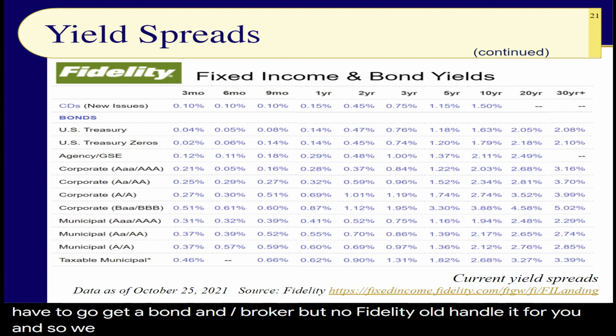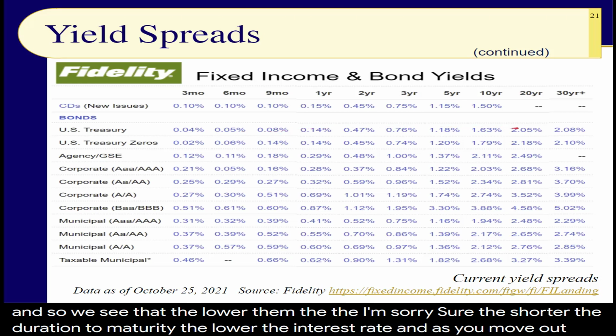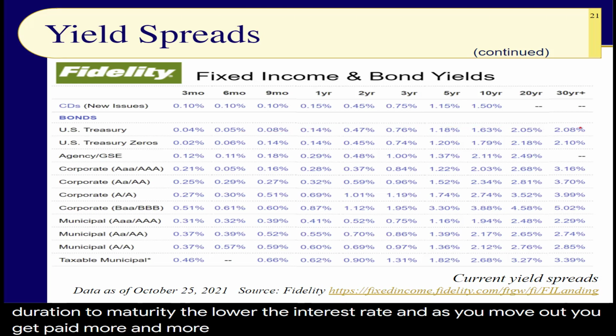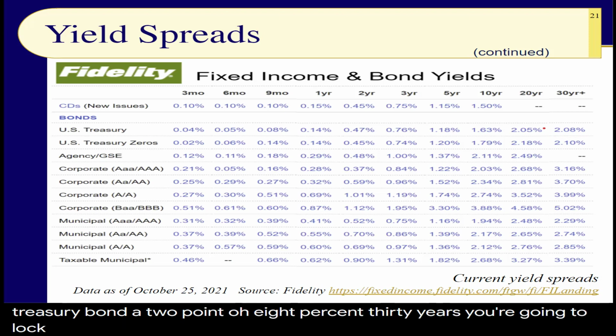And so we see that the sooner the maturity, the shorter the duration to maturity, the lower the interest rate, and as you move out, you get paid more and more. And I want to know who's taking on a 30-year treasury bond at 2.08%. 30 years, you're going to lock in 2% for the rest of your 30 years. Oh my goodness.